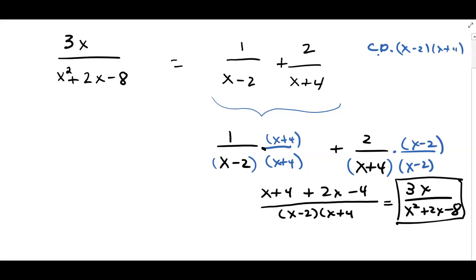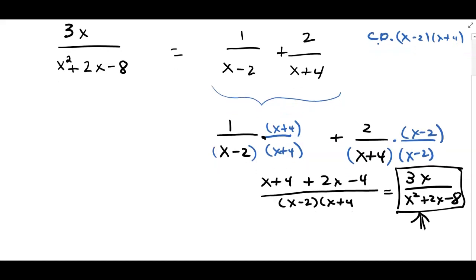So this is what you first learned how to do back in algebra. You take two rational expressions and bring them together into one rational expression through addition or subtraction. Then along the way in pre-calculus, you learned, well, how do I take my 3x over x squared plus 2x minus 8 and break it into these two partial fractions?